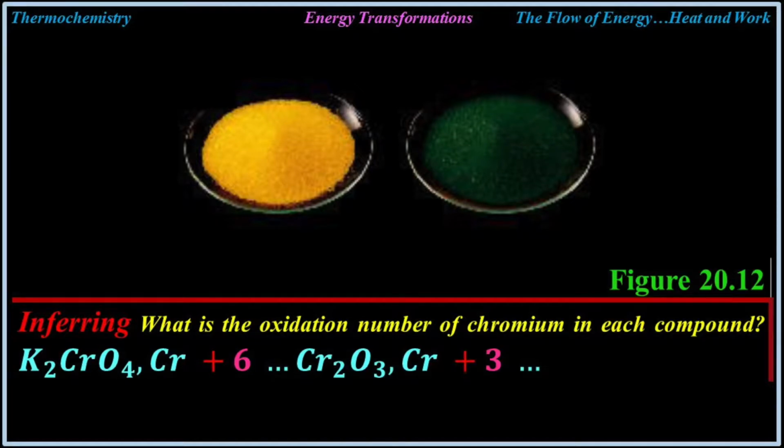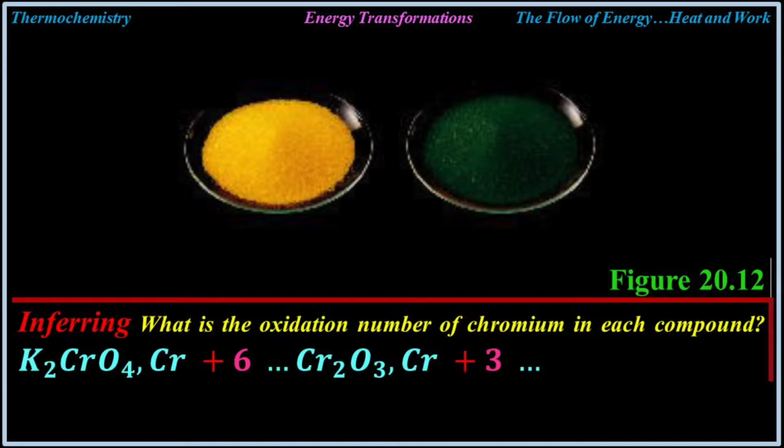The chromium in potassium chromate is +6, and in chromium(III) oxide it is +3. So how do you get those values? We know that potassium is +1, so 2 times +1 is +2.